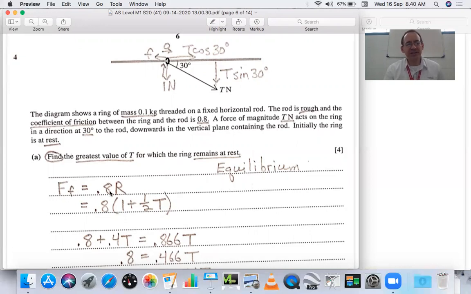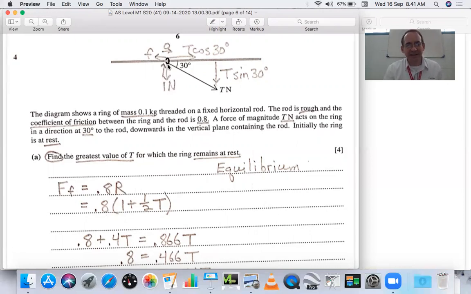So force of friction is mu times the normal contact force. Well, it gave us the mu, the coefficient of friction, 0.8. Our normal contact force will be the force going up that counteracts all the vertical forces going down.